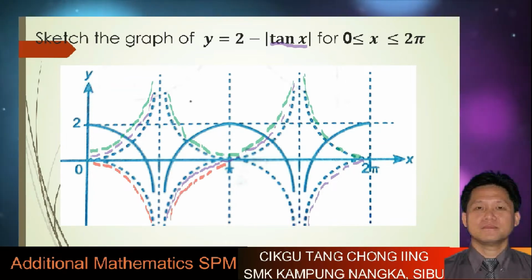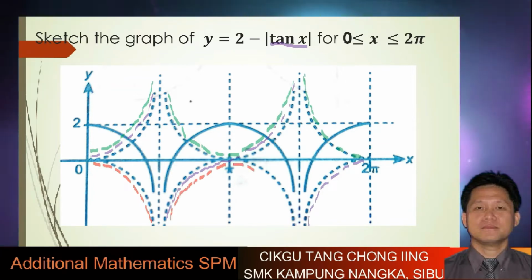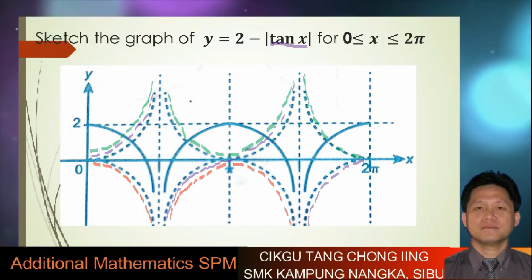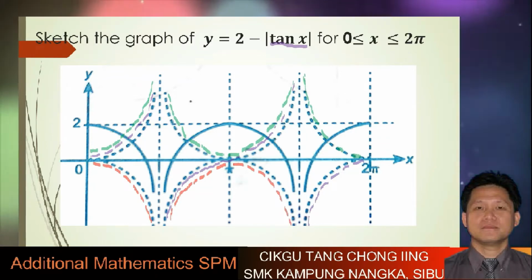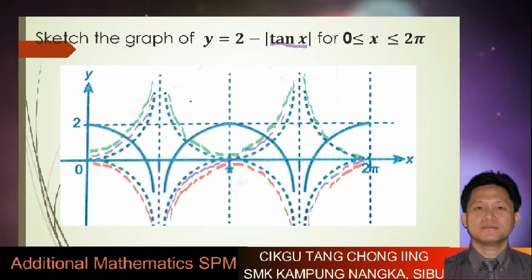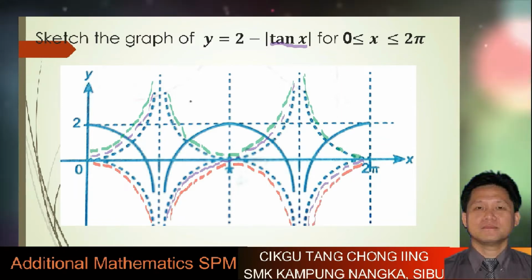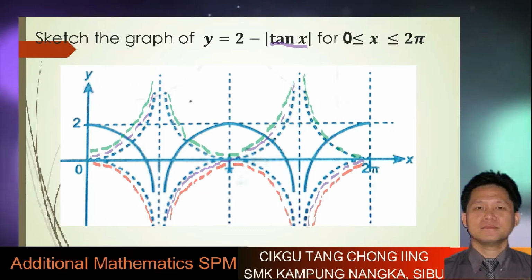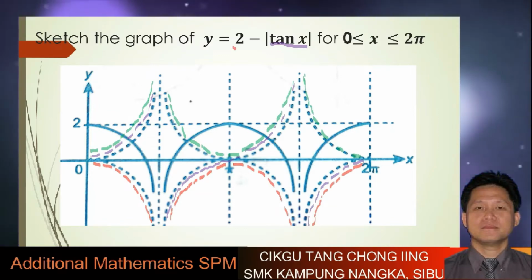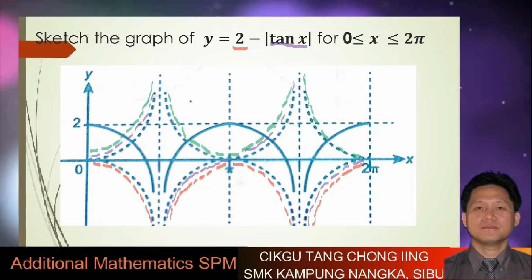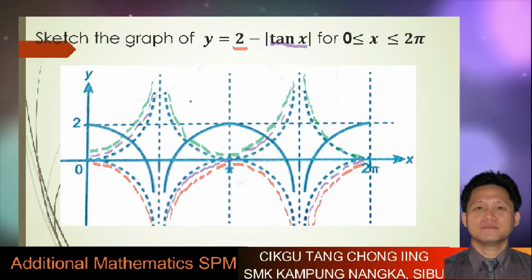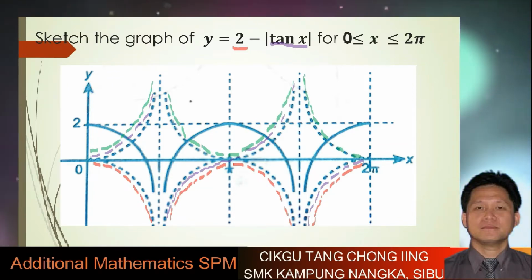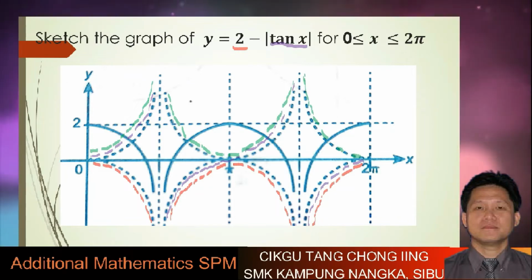And the third quadrant also reflected at the x-axis, comes down here. And the last one also comes down here. Then we look at plus 2. There's a 2 in front, right? So plus 2 means the whole graph will be shifted up by 2 units.